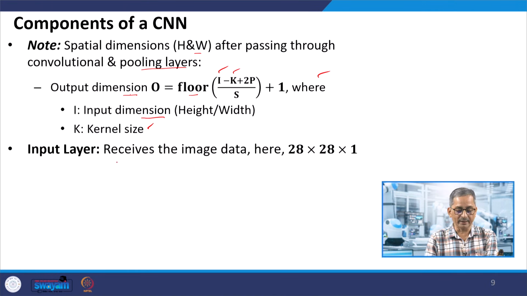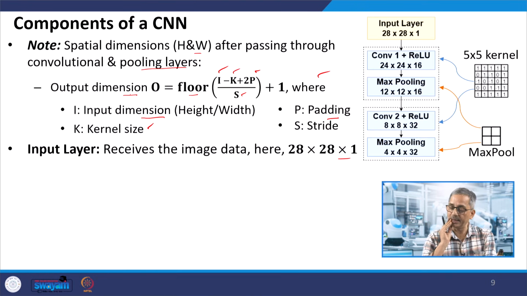We have the input layer, which receives the image data, say 28 cross 28 cross 1. p is the padding here as in the previous case, and s is the stride in this equation.